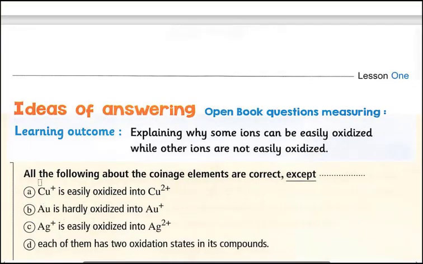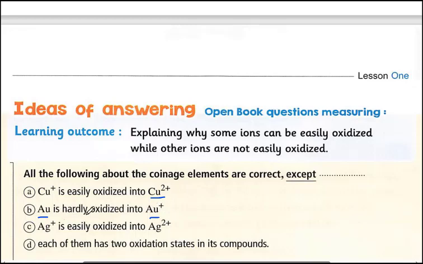Let's have another question. All the following about the coinage elements are correct except: copper positive 1 can easily oxidize to copper positive 2. Yes, it is the more common oxidation state, so it is easily oxidized. Okay, gold is hardly oxidized to gold positive 1. Gold's common oxidation state is positive 3, so it can easily oxidize and leave 3 electrons.